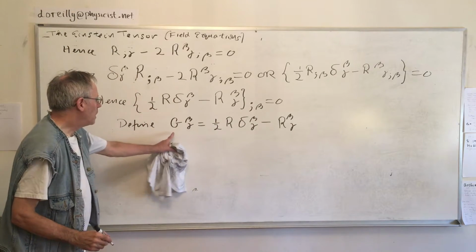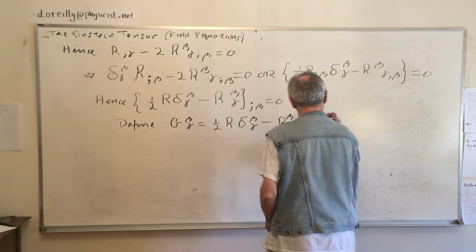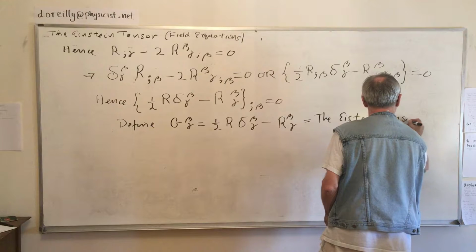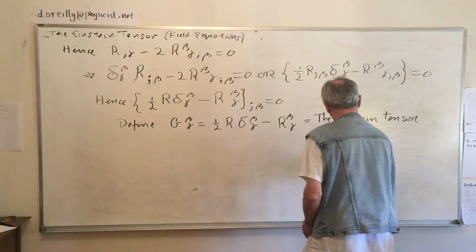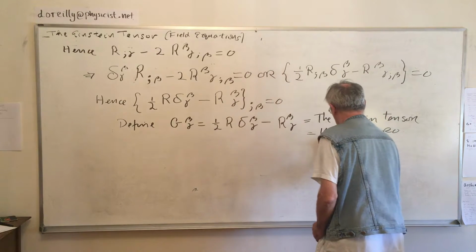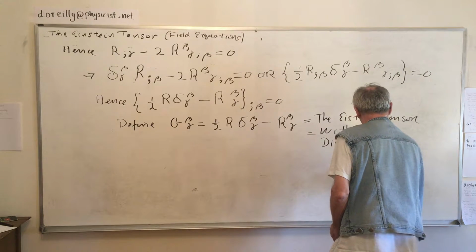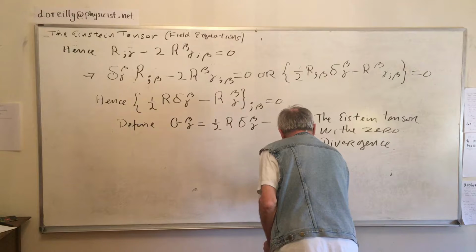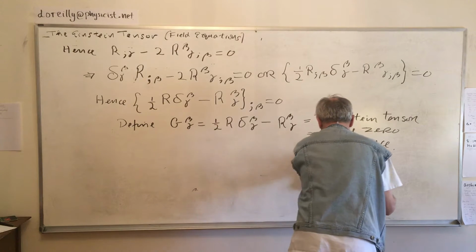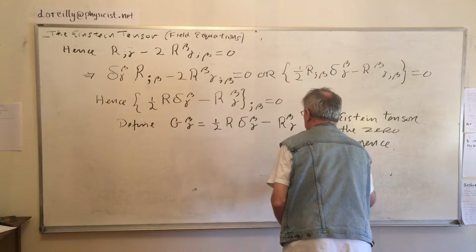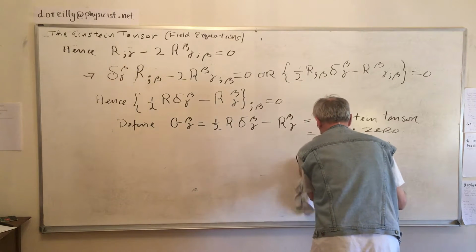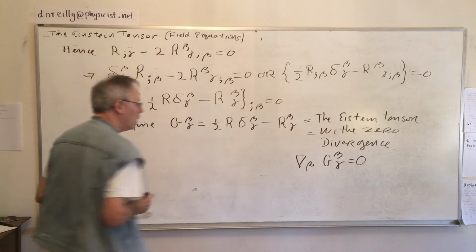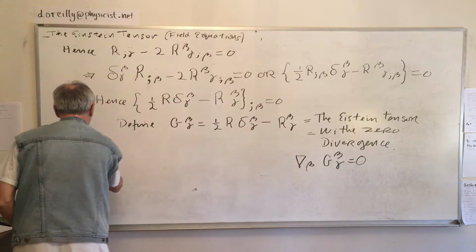This defines the Einstein tensor, which, as we can see, has 0 divergence, and that's a major consequence. Now we can make the tensor look slightly differently.